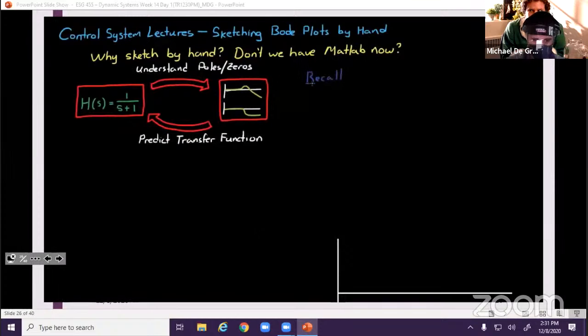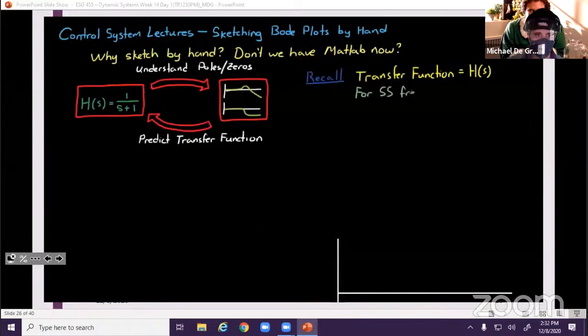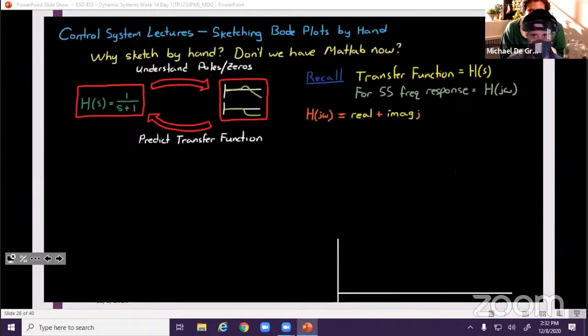So recall now from the introduction to the Bode plot video that when you have a transfer function H(s), you can calculate the steady state frequency response by setting s to jω. Then you can solve for the real component and the imaginary component and rewrite H(jω) as just the real component plus the imaginary component times j.